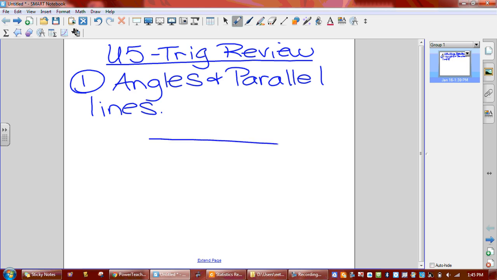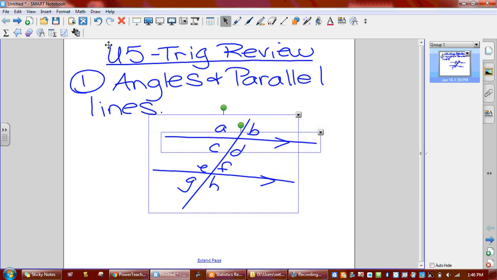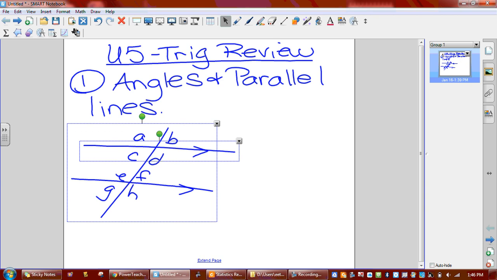So if I draw a couple parallel lines and I put a transversal through it, and I put A, B, C, D, E, F, G, and H, you need to know which ones are going to be, let's just move this over actually, grab the whole thing, move it all over there.